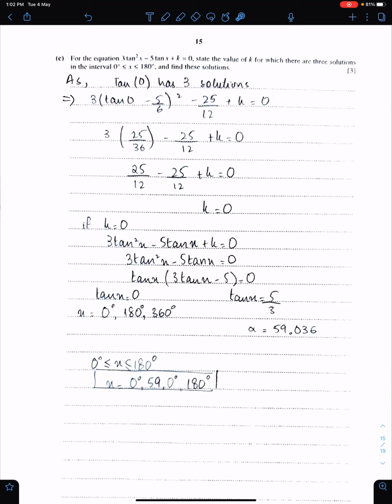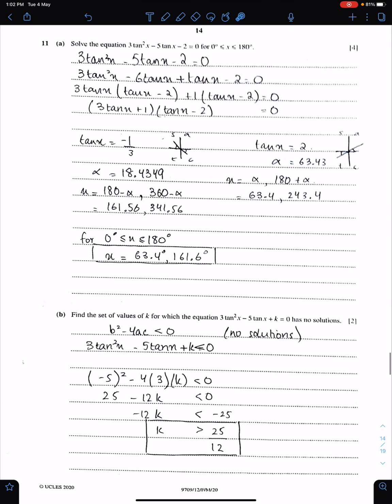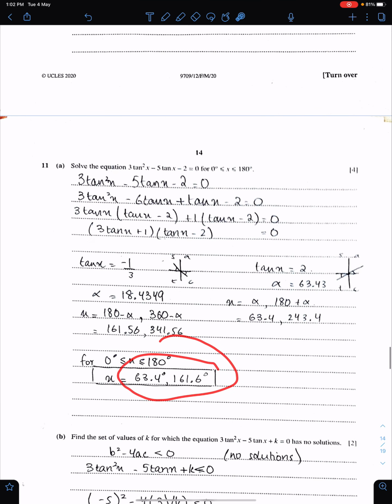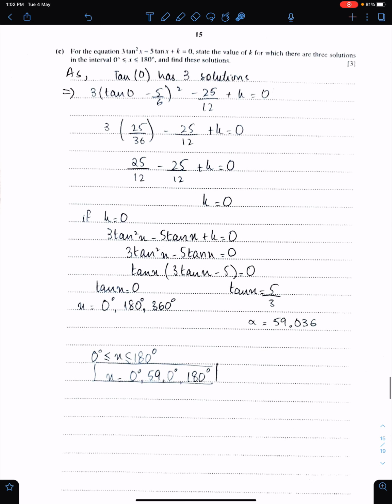Next part. This part is important. For the equation, state the value of k for which there are three solutions in the interval. See, we had two solutions here in this interval. Now they are asking for three solutions. If this constant is 0, then we can take tan x common and we can have three solutions.